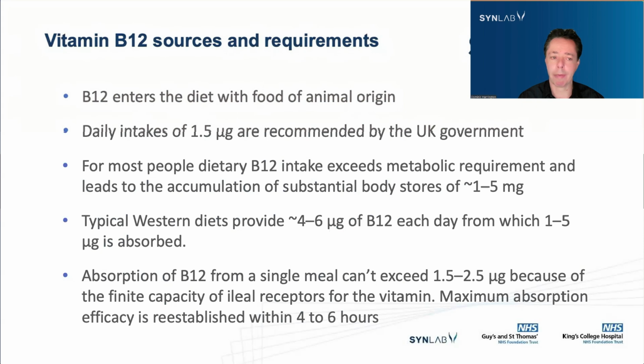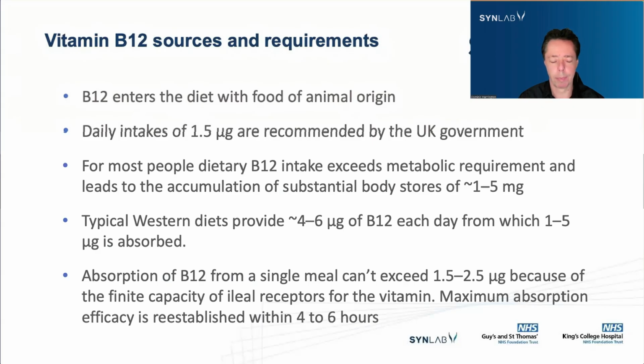In the USA, the recommendation is 2.5 micrograms a day. In the UK, it's slightly lower at 1.5 micrograms a day. And for most people, our dietary intake of the vitamin exceeds our metabolic requirement. And this means that over time, we start to accumulate some stores of between 1 and 5 milligrams.